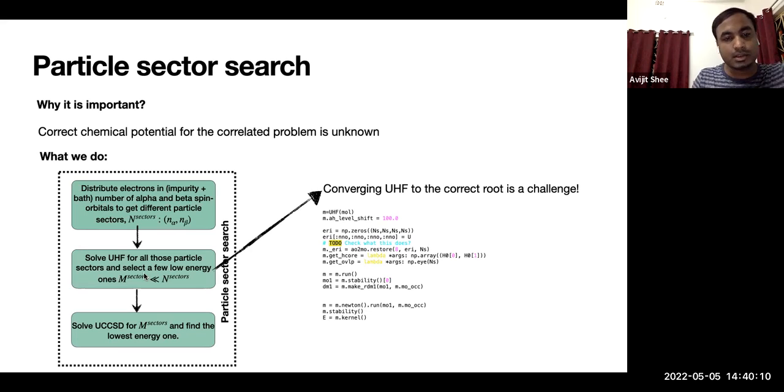And this step is quite tricky because, as we have considered all possible particle distributions, they generate problems of various complexity, and for many of them it's very hard to achieve minima, and converging those equations is very hard.